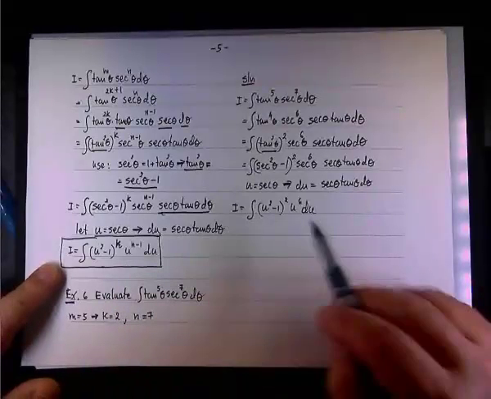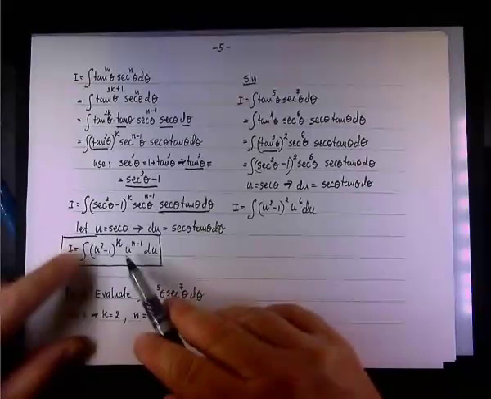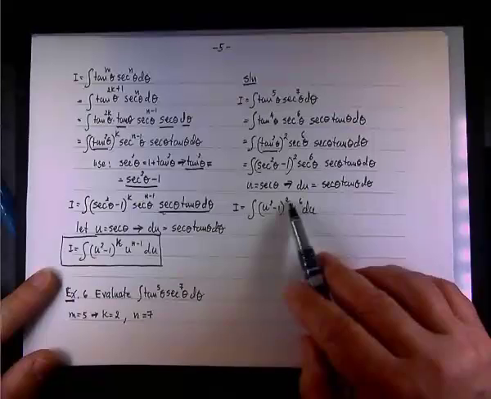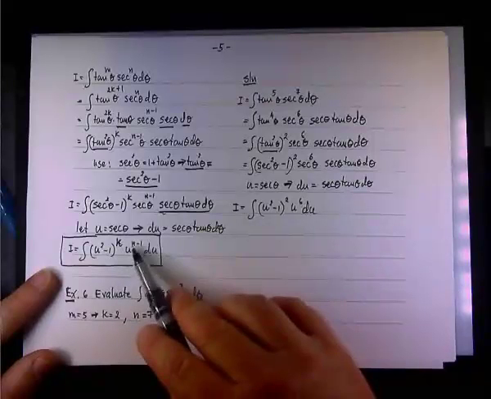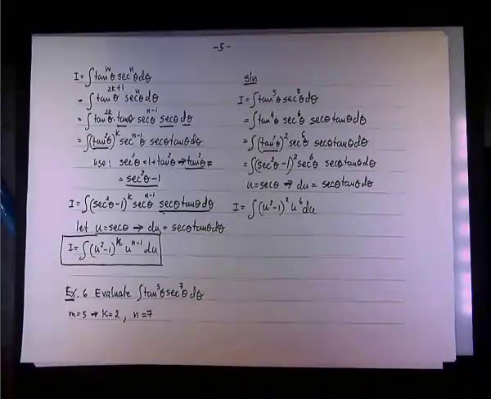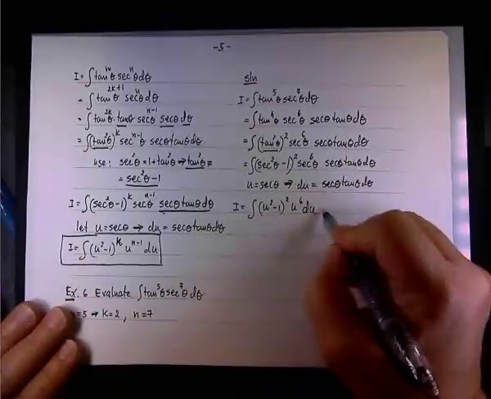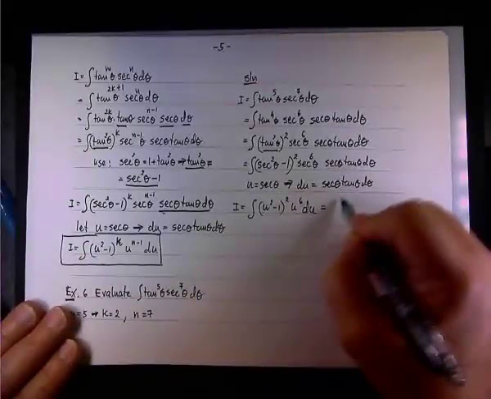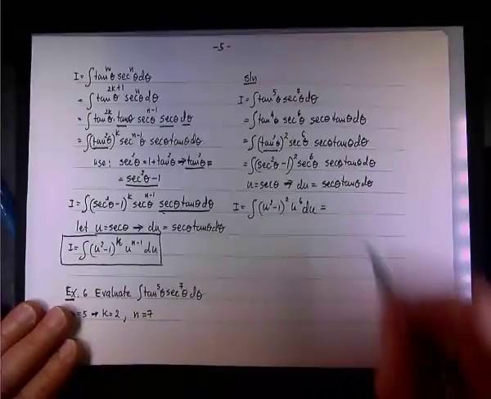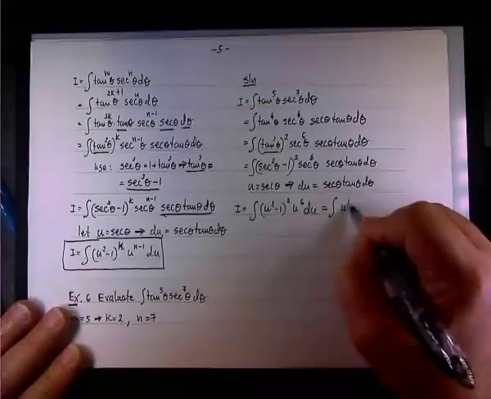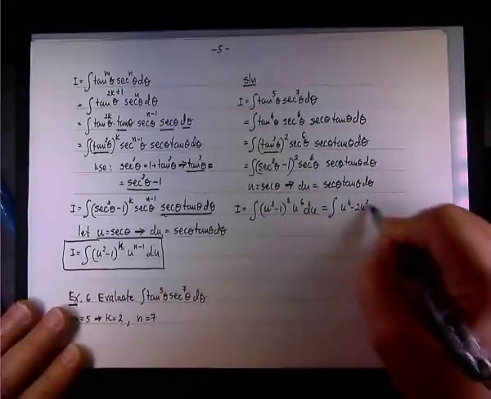Okay? So again, this part won't be necessary if you remember this formula and you do the necessary adjustment. You plug in k equals 2 and n equals 7, and you can see that u squared minus 1 raised to the power of k, which is 2, and u to the 7 minus 1 is 6. So you can save yourself, but I think it will be easier to remember the concept rather than the formula.